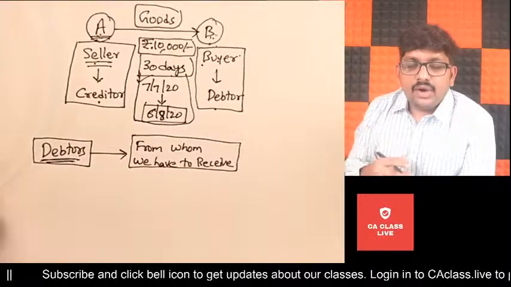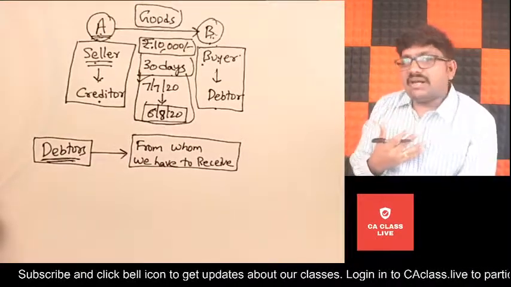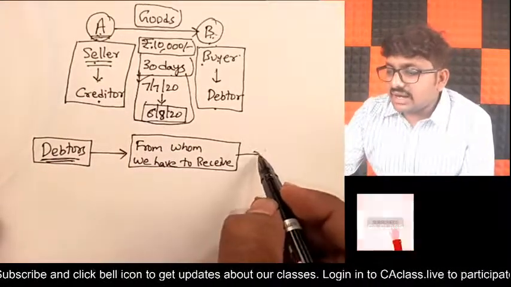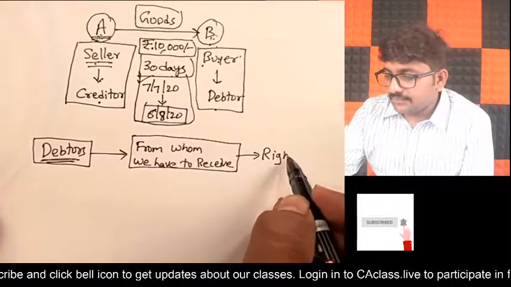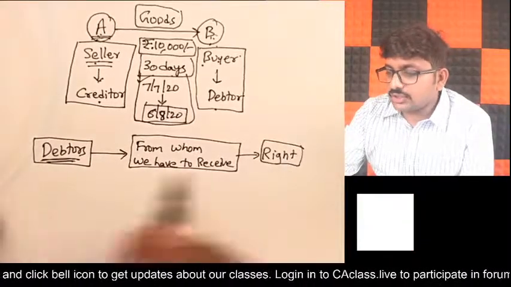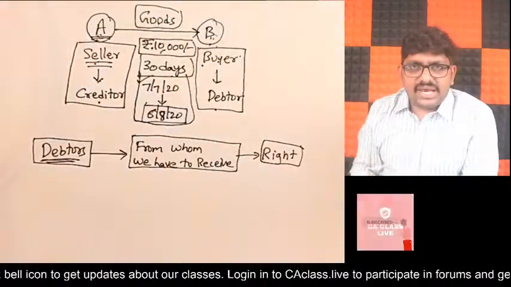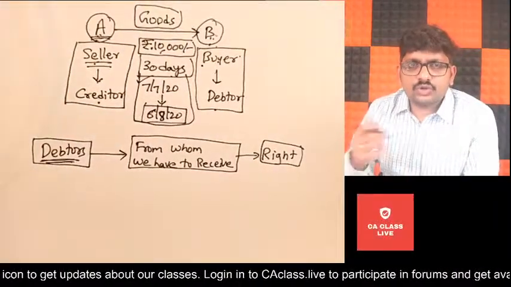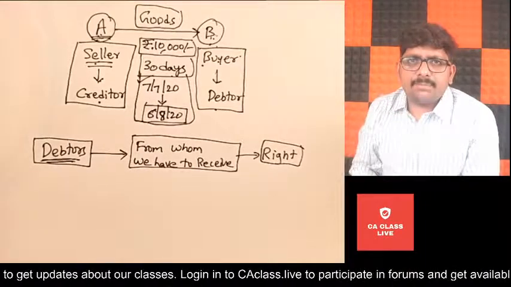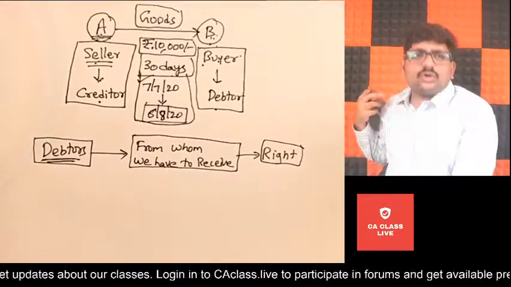Now, whenever we have to receive the money, friends, it generates a right for us. It generates what? A right to take the money. Obviously, A sold goods to B, and B has to pay money back to A, and A has the right to take that money back.